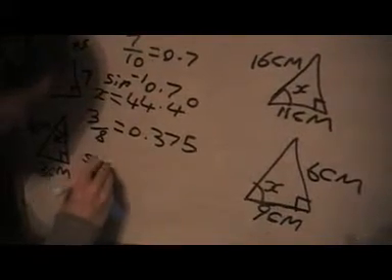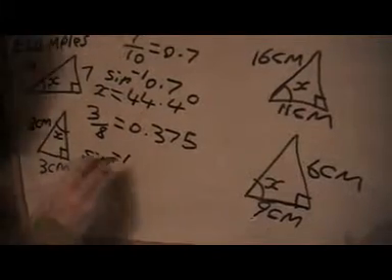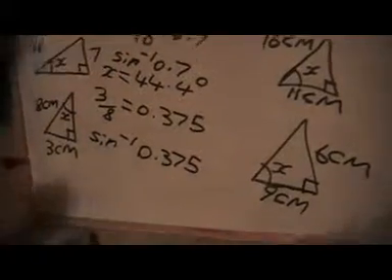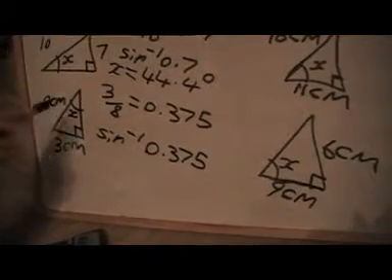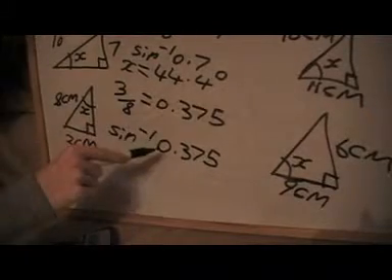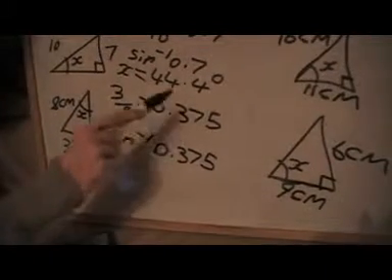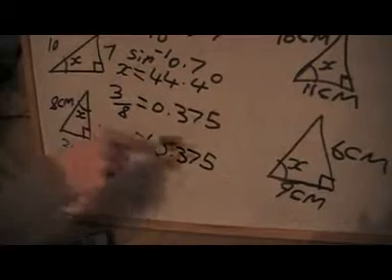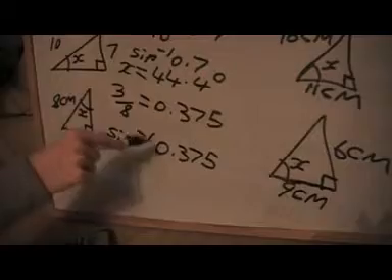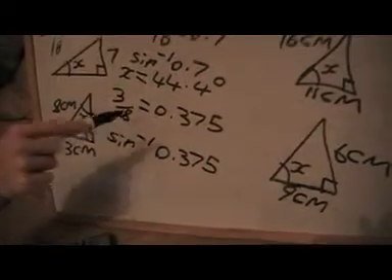So we want to do the inverse sine of 0.375. And remember, when we're doing this inverse, what we're really doing is we're finding an angle that has a sine of this number here. So really what you're doing is you're doing these backwards.